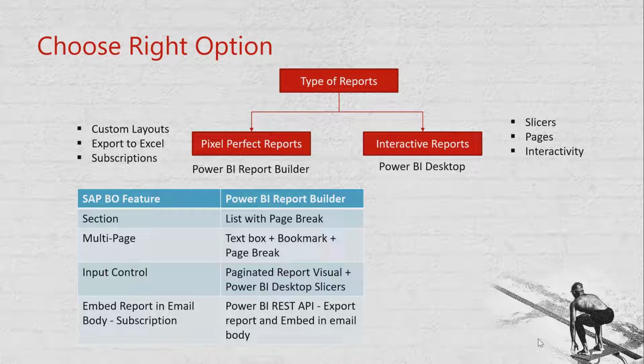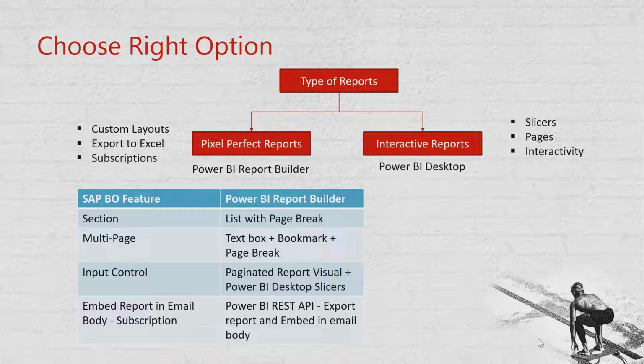Take sections: sections is something like an invoice kind of a report. If you have multiple customers, in SAP BO you can create one layout, and with sections the same invoice will be split out with the same layout for the different customers.